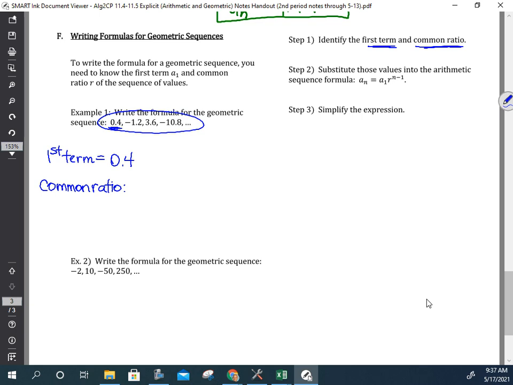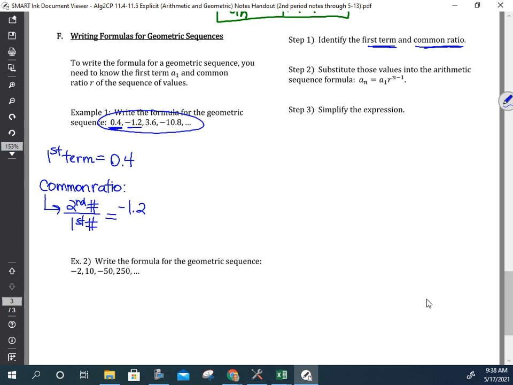So to find the common ratio, the easiest way to do it is to take the second number divided by the first number, and it will tell you what it is.